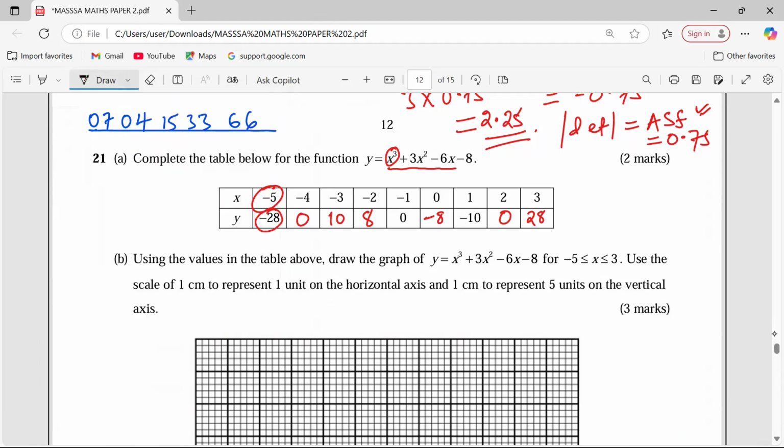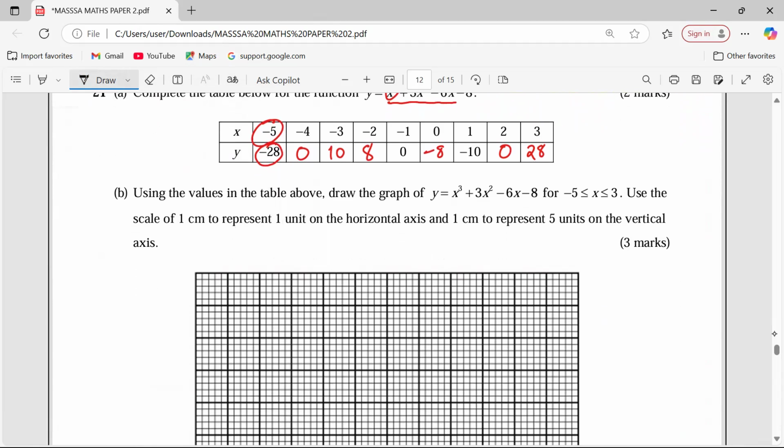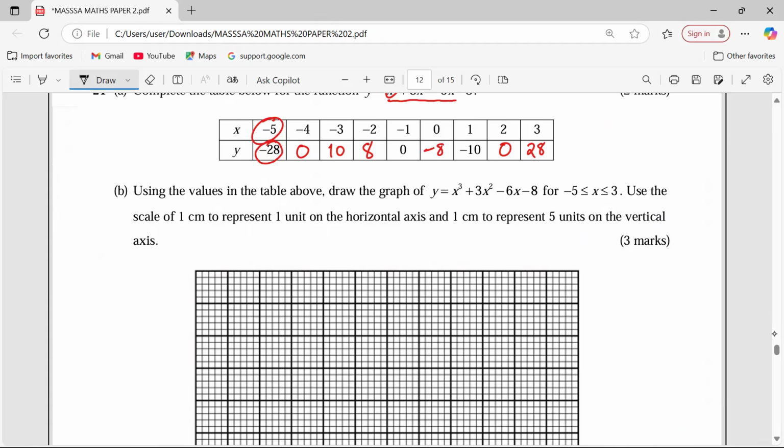And after this, we go to the second part, whereby we've been advised to use the values in the table above to draw the graph of the function y equals x power 3 plus 3x squared minus 6x minus 8 for the range of values of x between -5 and +3.